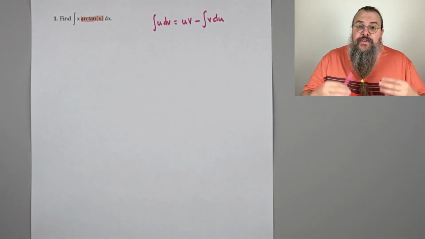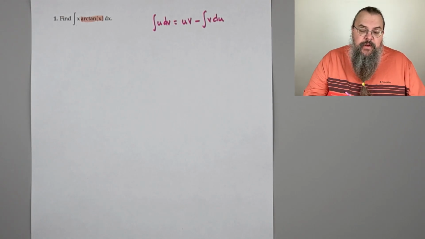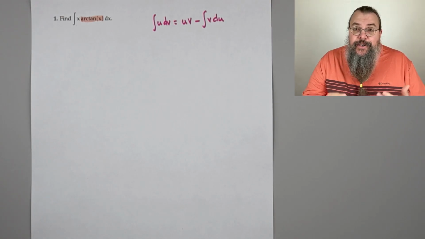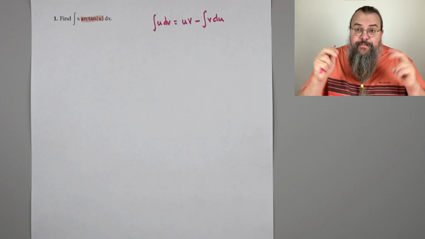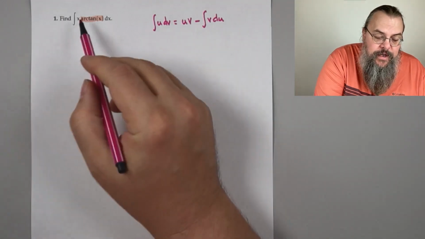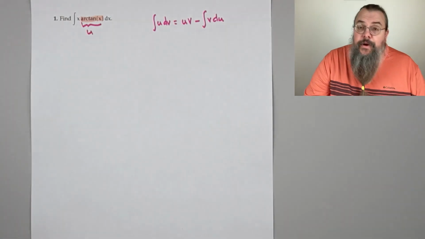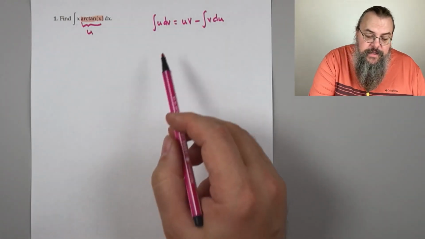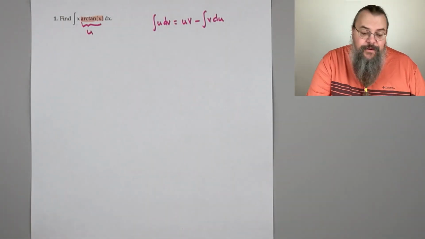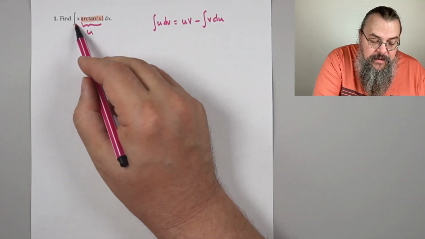All right, so we kind of have our plan. We've already said arctangent of x, that's the hard part, so we're going to make this part our u. Well, what does that mean for our dv? Whatever's left over, that's going to be our dv.